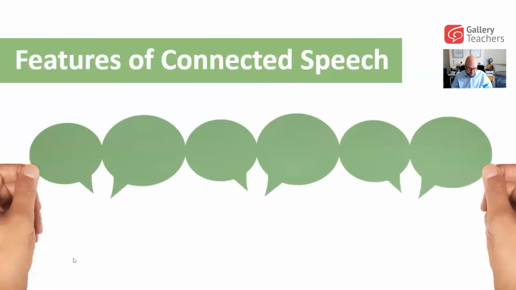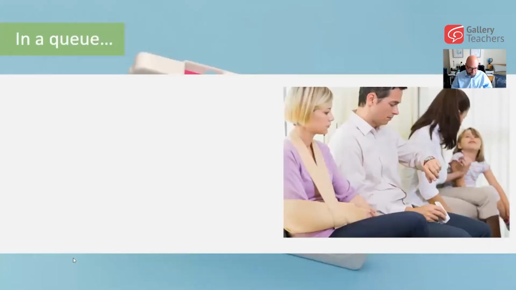Now, in order to understand this, I think it's important to understand the distinction between different types of language. And to do that, I'd just like to really focus on this very useful activity that you can use in the classroom. And we've got 3 words, and it refers to who's next in the queue. You, me, him.